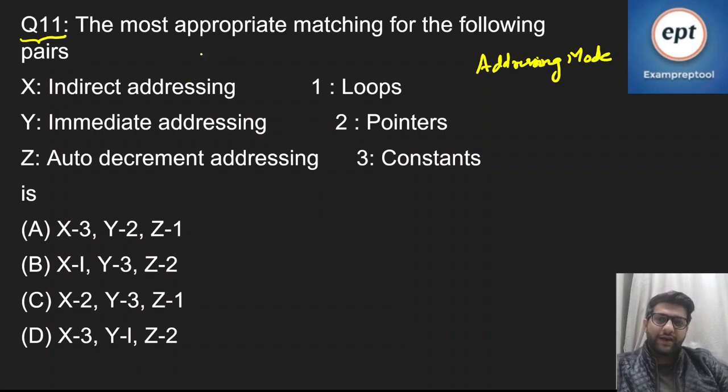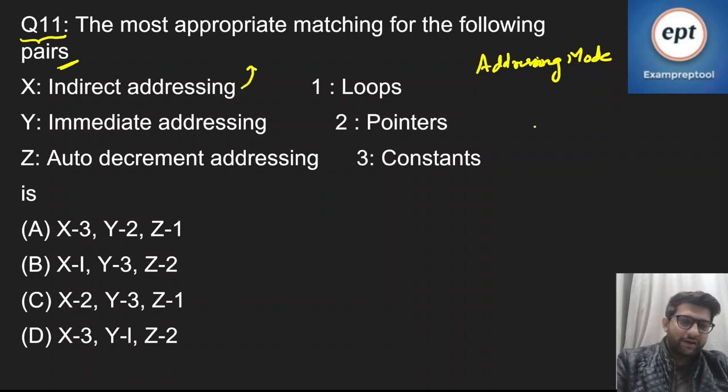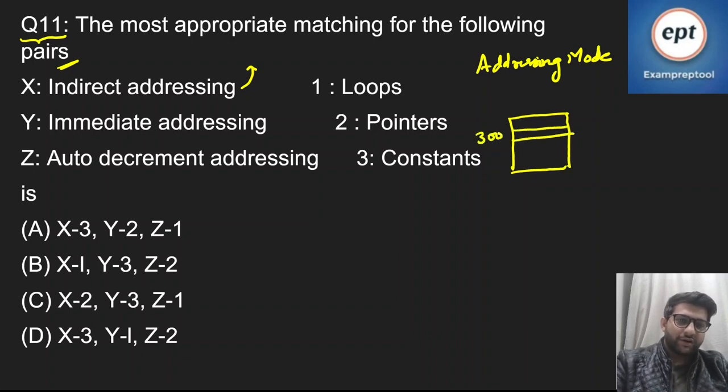So here we have been given the most appropriate matching for the following pairs. The first one is the indirect addressing mode. To revise, what is indirect addressing mode? The operand field, let's say, stores a value 3000.